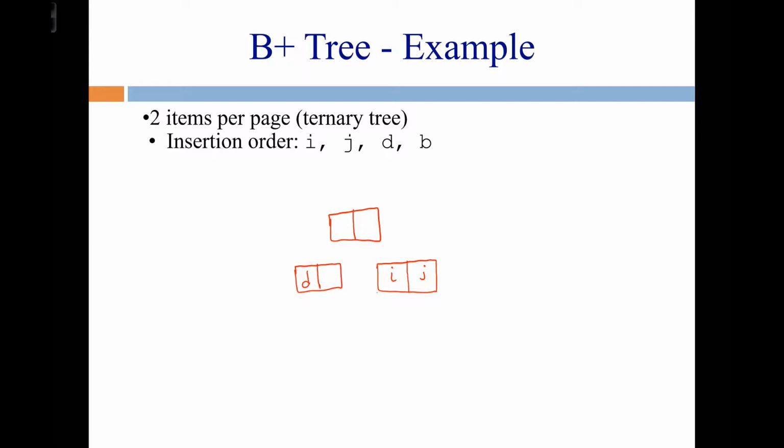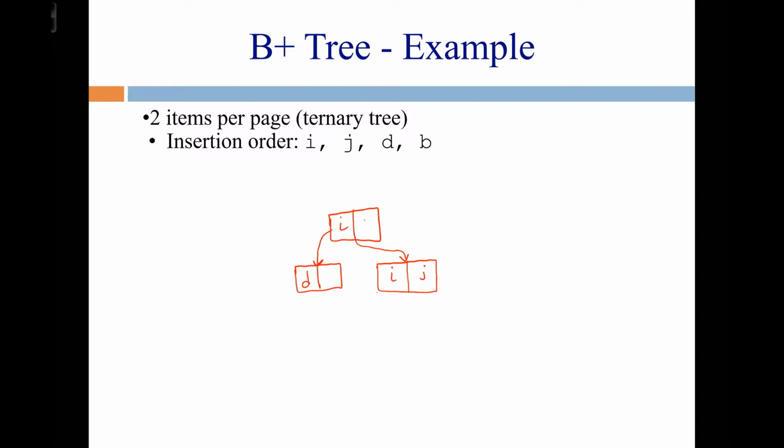Everything to the left of a key in an internal node needs to be less than it, and everything to the right of a key needs to be greater than or equal to it. So we can pull up the smallest value in the right node in order to maintain that property. So we'll pull up the I. Now we can have I's left pointer going to that left node, and we can have the right pointer of I going to that node. And we have maintained the key order property.